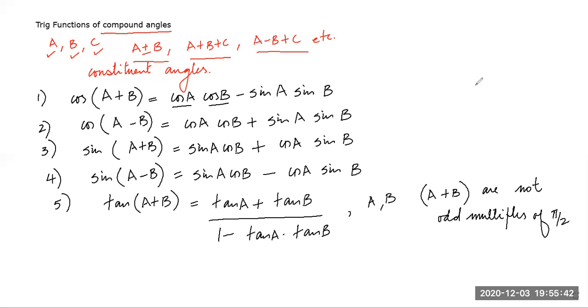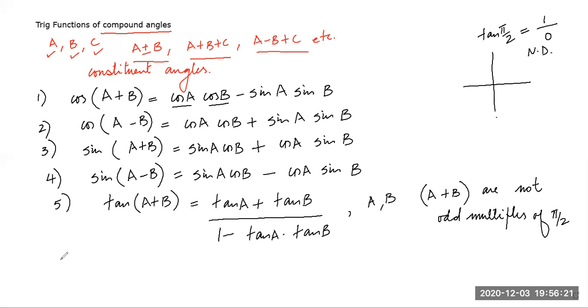See here, if it is pi by 2 or 3 pi by 2, so what is the value for tan? Tan pi by 2 is not defined because this is equal to sine pi by 2 over cos pi by 2. Well, sine is 1, but cos pi by 2 is 0. Not defined. That is the reason. Same is the case here also. Like pi by 2, then 3 pi by 2, then 5 pi by 2, 7 pi by 2. Now A, B, or A plus B should not be odd multiples of pi by 2. Then this is defined, right?